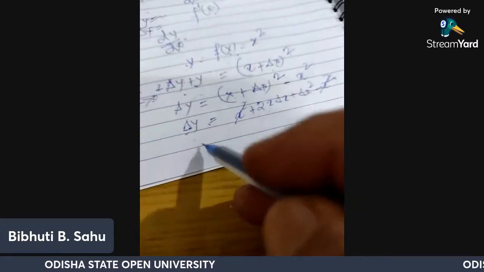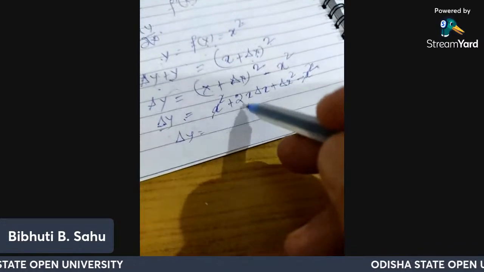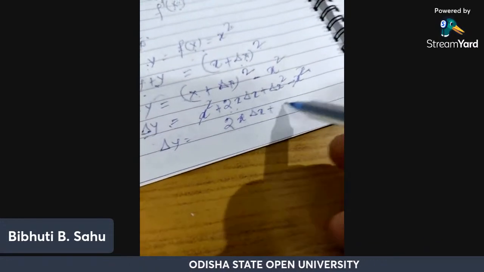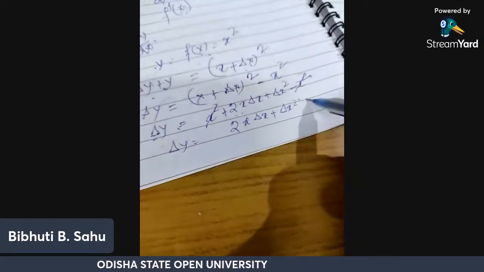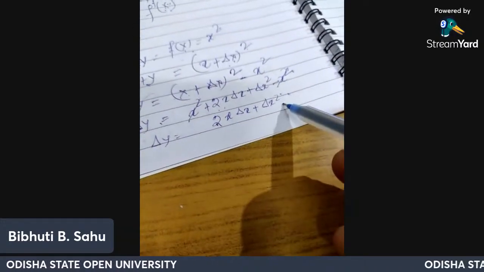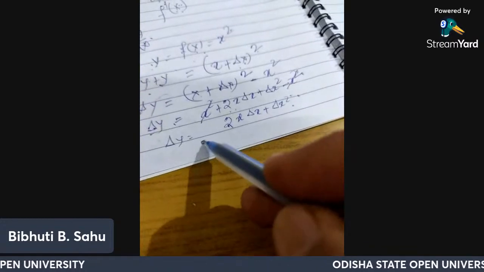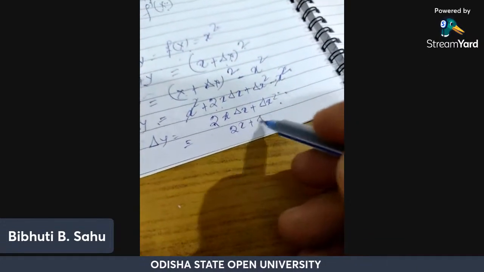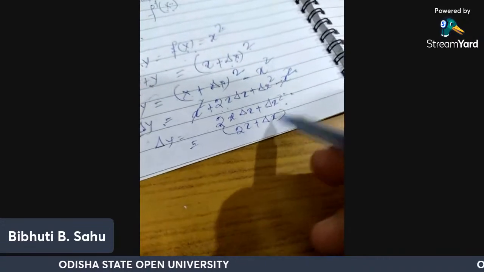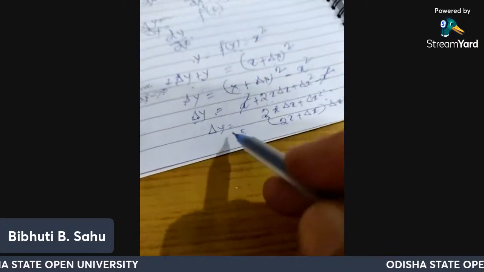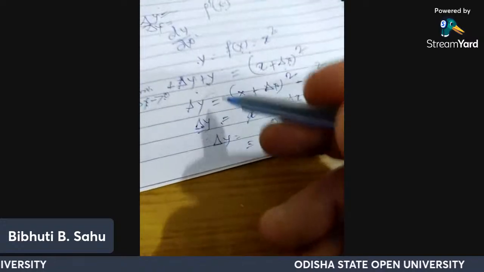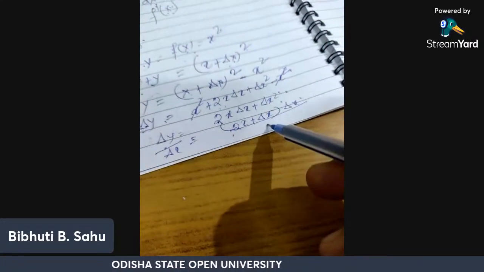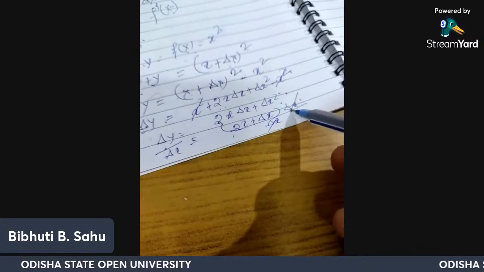This is equal to delta y is equal to 2x delta x plus delta x square. Taking delta x as common, you can write it as (2x plus delta x) into delta x. So to know the rate of change, delta y by delta x, divided by delta x, cancel.